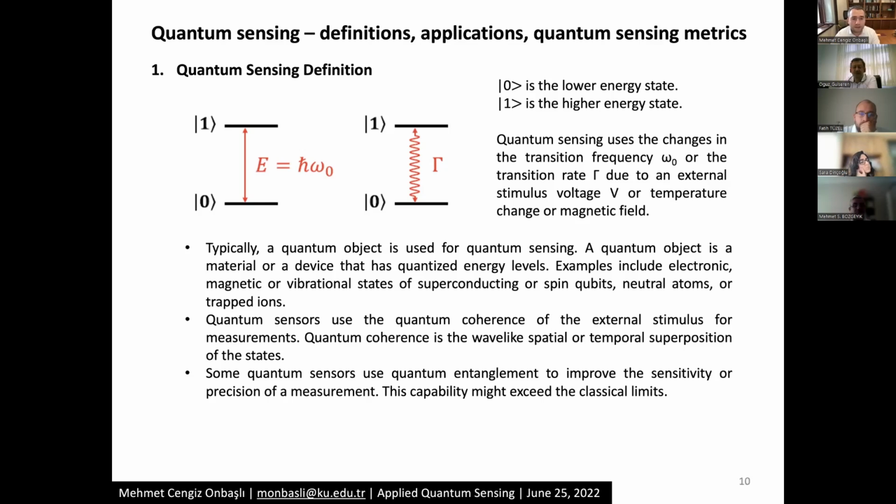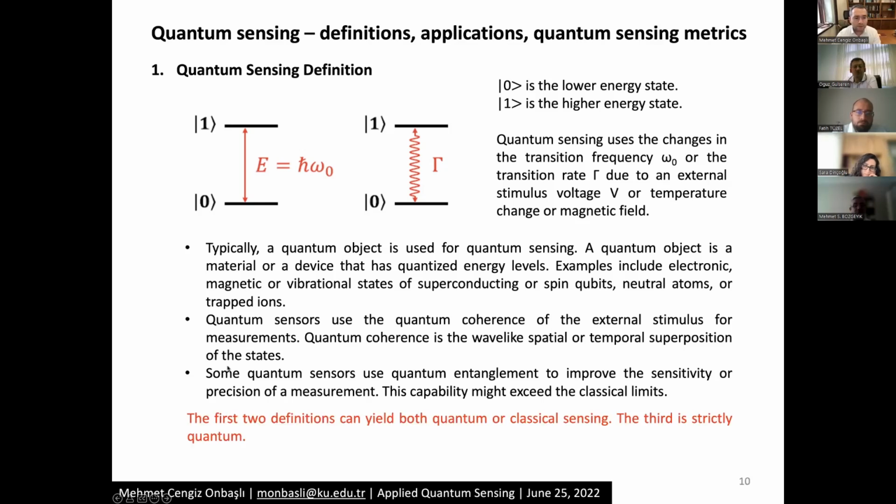In the other case, we want to also use quantum coherence of the external stimulus, if available. And quantum coherence is pretty much the wave-like spatial or temporal superposition of the states. So in this case, the coherence steps up the complexity of the input further.